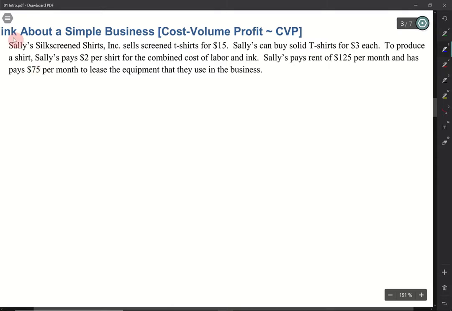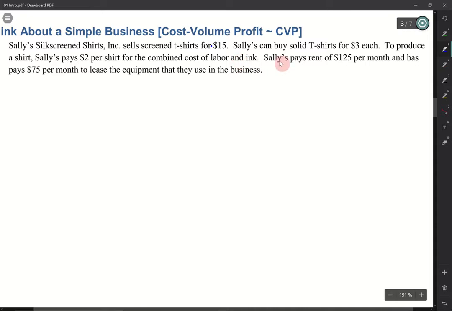Okay, so think about, say, Sally's Silkscreen Shirts Incorporated, which sells screened T-shirts for $15. So it's a little bit of a little business, right? Sally's can buy solid T-shirts for $3 each, and to produce a shirt, Sally's pays $2 per shirt for the combined cost of labor and ink.